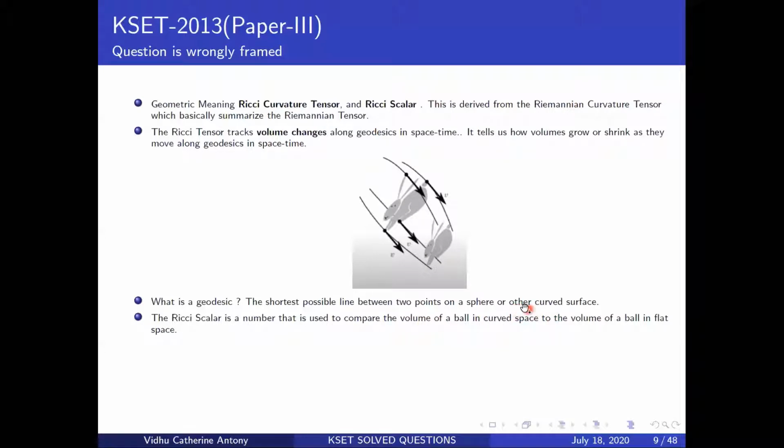Say you have an object in curved space, and then you have the same ball in flat space. So I have something in flat space here. Okay, so I've got a circle in flat space. And now if I have something in a curved space, and if I have the same circle drawn here, you realize that there is a certain volume change here.